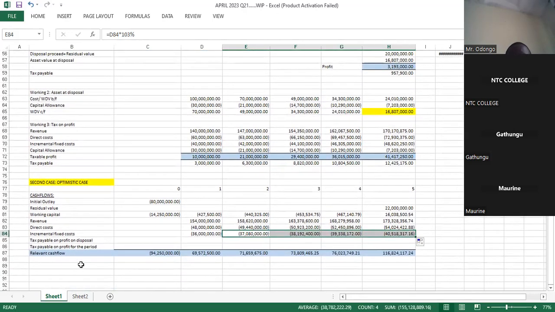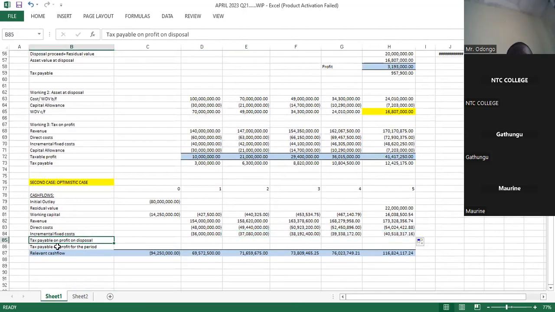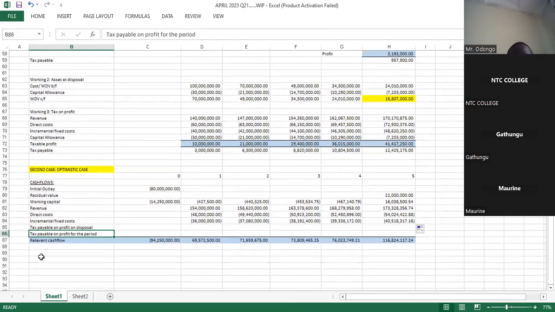The other two cash flows, the tax on our disposal and the tax on profits, we calculate differently. The first working I need is for the wear and tear allowance, or what we had called the capital allowance.